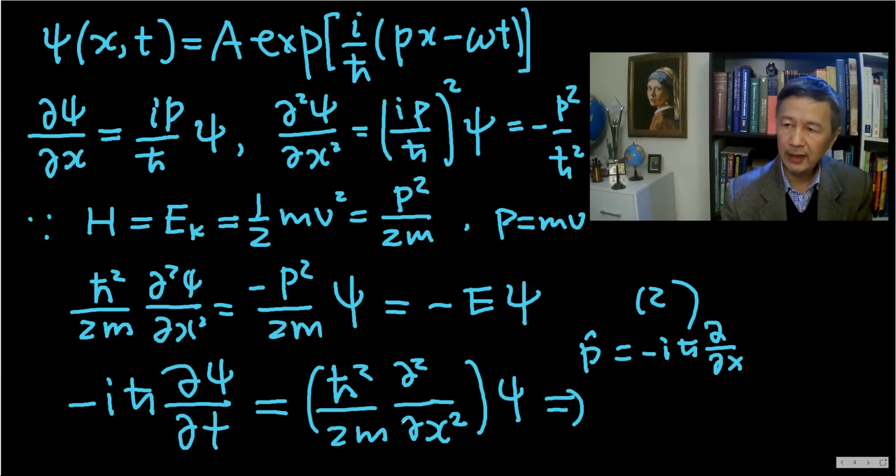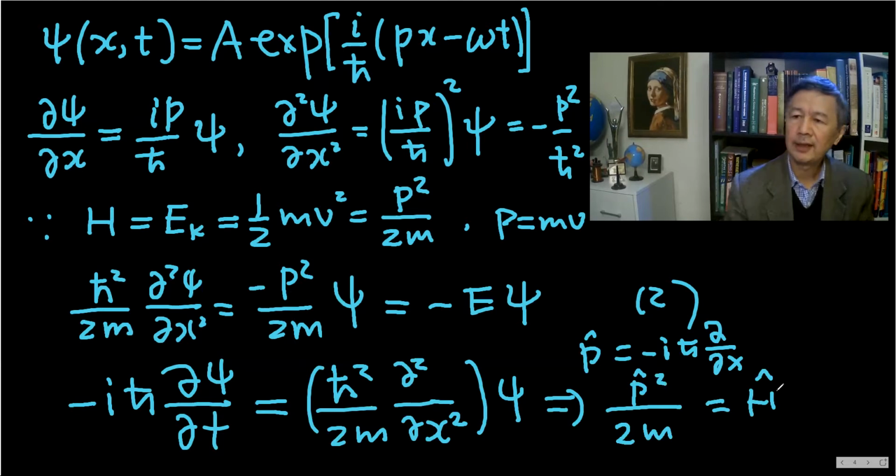So we can see this is actually the momentum operator squared, divided by 2m, which is exactly the Hamiltonian. So that will be exactly our Hamiltonian operator. In this case, the total energy is represented by the kinetic energy.